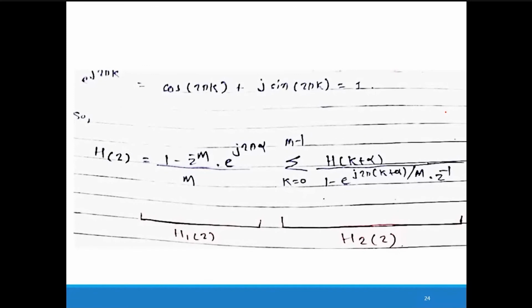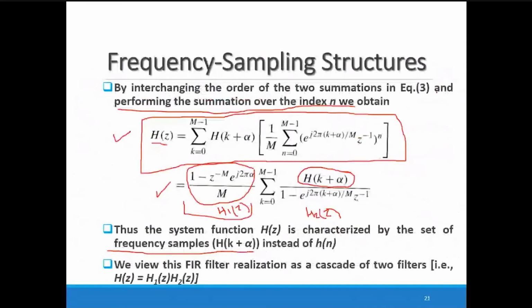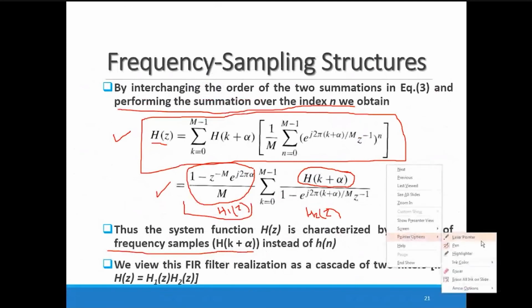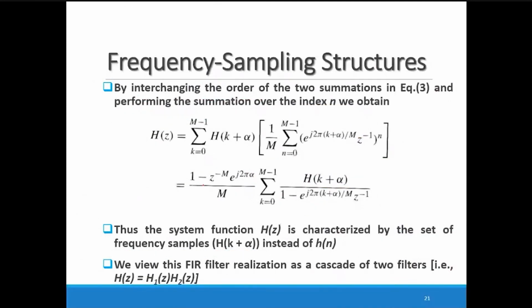Okay, so as we have seen, this was the derivation we got: 1 minus z raised to minus m, e raised to j 2 pi alpha divided by m, and this is one, sigma k is equal to 0 to m minus 1 h of k plus alpha, divided by 1 minus e raised to j 2 pi (k plus alpha) divided by m into z raised to minus 1.